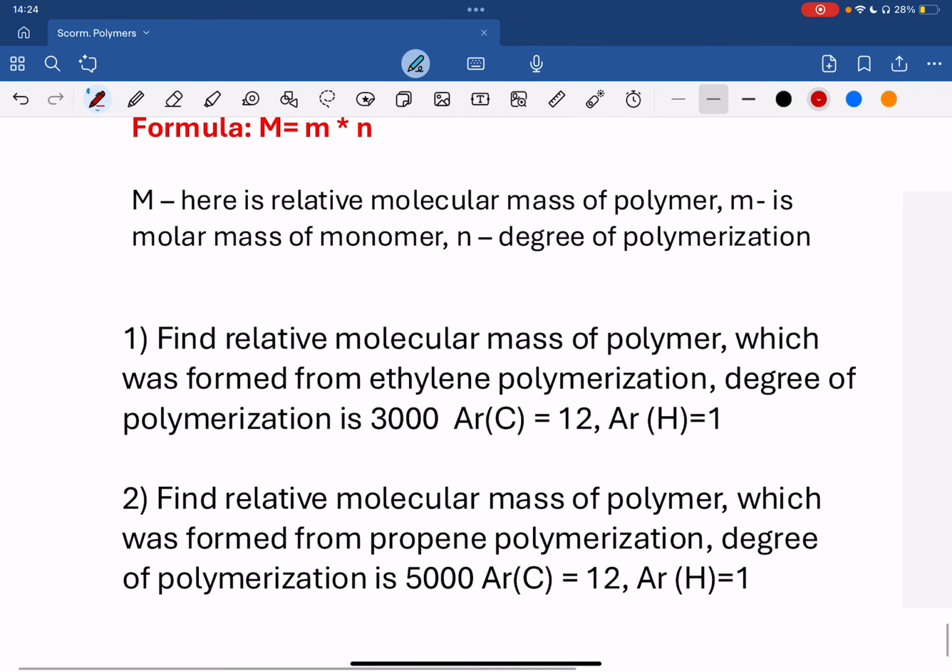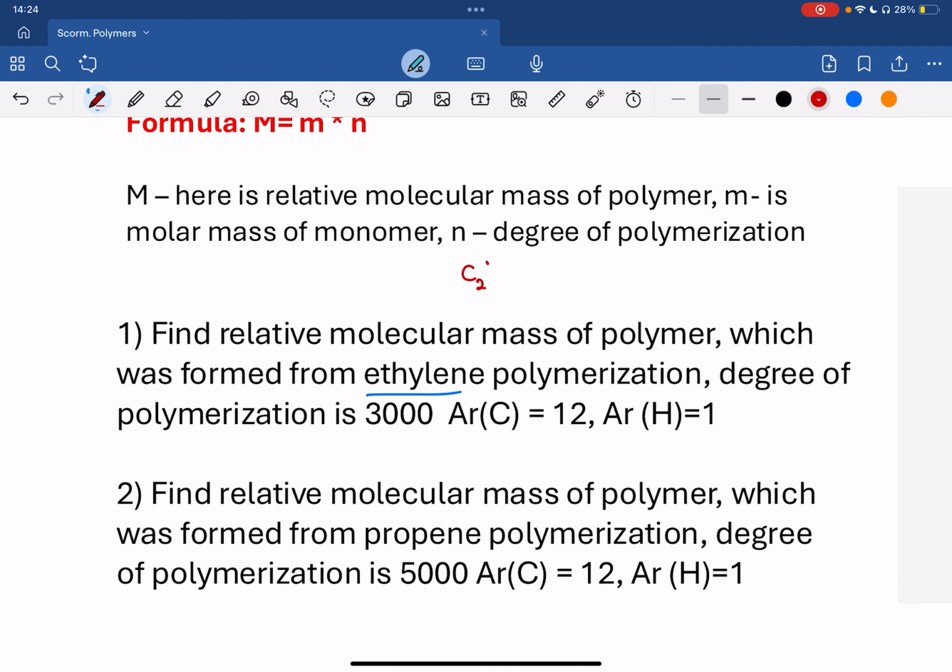Okay, let's take a look at these questions. It says the degree of polymerization is 3000 and it is ethylene. So ethylene is C2H4. What is the mass of C2H4? We have 2 carbons and 4 hydrogens, and we can easily find it: 2 times 12 plus 4 times 1, 28.